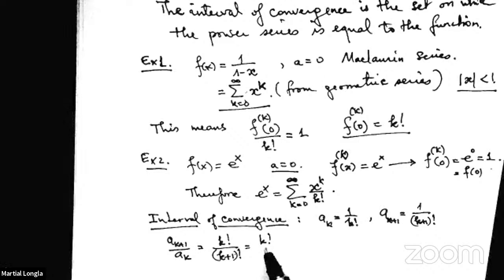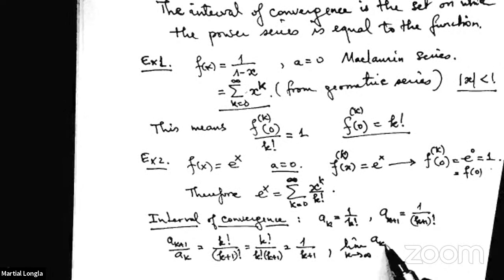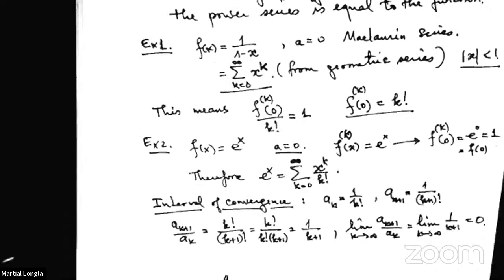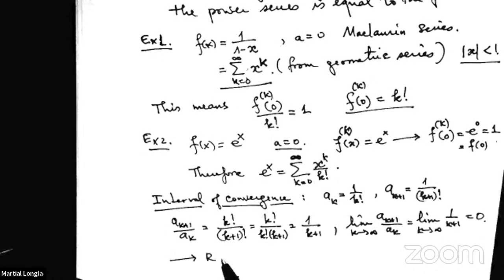And this is k factorial over k factorial times k plus 1, which is 1 over k plus 1. Therefore, limit as k goes to infinity of ak plus 1 over ak equals limit as k goes to infinity of 1 over k plus 1, and this is 0. And because this limit is 0, that means r equals infinity. And if r is infinity, then the interval from negative infinity to infinity is the interval of convergence.